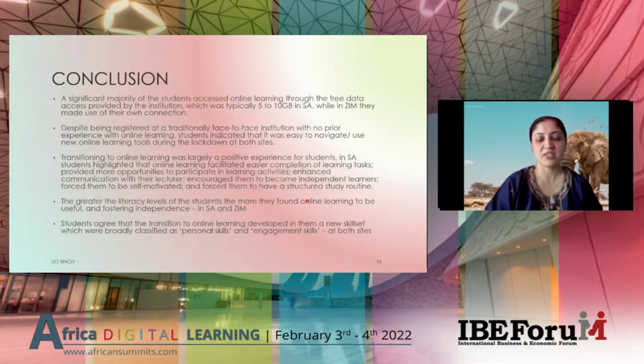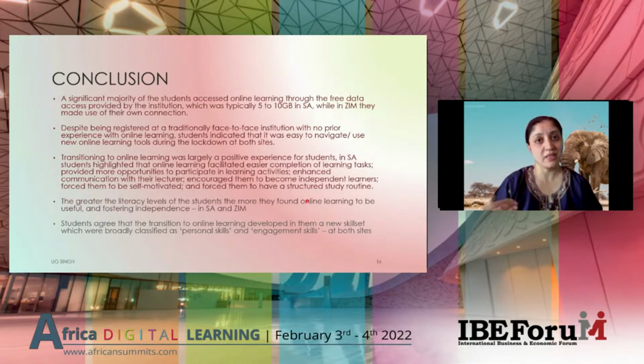So just to summarize the results of what we found in the student survey, the majority of the students accessed the online learning through the data provided by the institutions. They also found that although they did not have prior learning experience in this online space, it was fairly easy for them to navigate and to use the online learning during the lockdown at both of the sites. The transition to the online learning environment was largely positive, and we have already highlighted the aspects which South Africa and Zimbabwe found encouraging to both of them, in particular fostering independence.